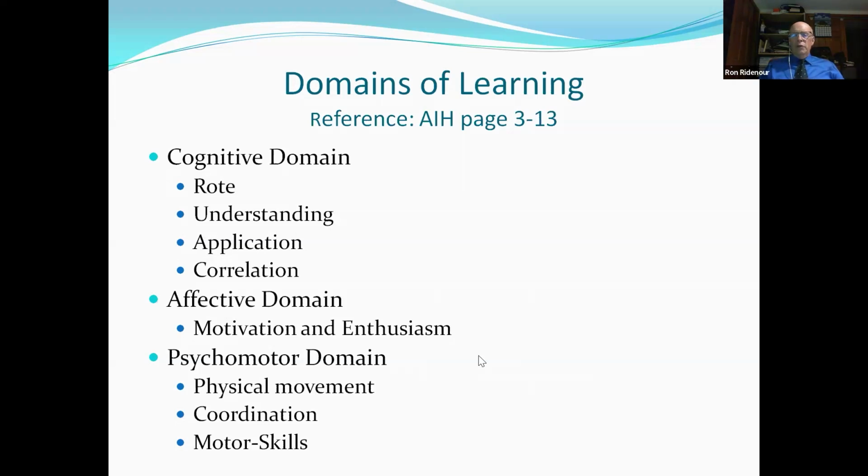You can memorize something, but if you don't understand what you're memorizing, if you can't apply what you're memorizing, or if you can't correlate it to a different maneuver, a different concept, well, then it's just a memorized fact, which is not as useful to a learner as if they learn at a correlation level. So, as an instructor, we try to teach at the correlation level as much as we can.